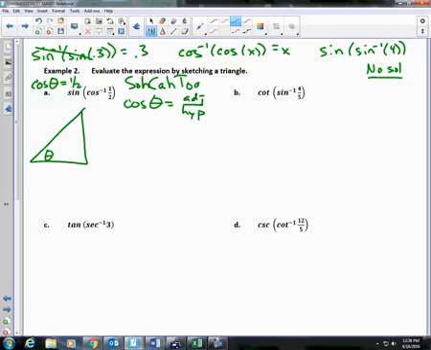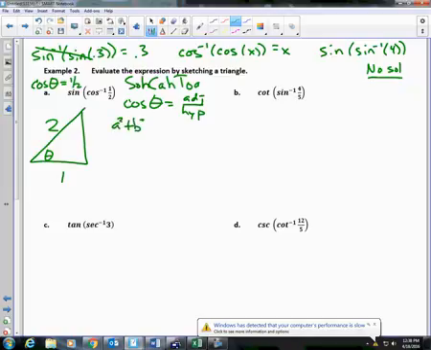So in other words, cosine of theta is 1, which is the adjacent side, divided by 2, which is the hypotenuse. Can I find the third side? How? A squared plus b squared is c squared. So I've got 1 plus b squared is equal to 4. So b squared is equal to 3. b is equal to the root of 3.